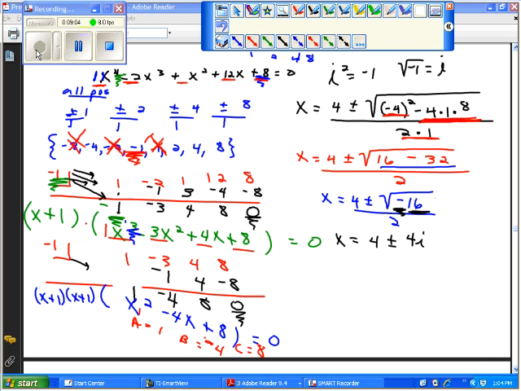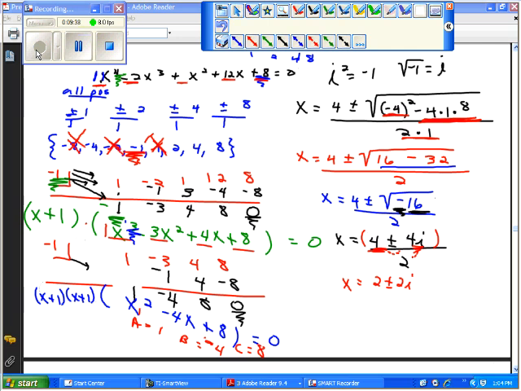Square root of negative 16 is 4i, over 2. Now, you can actually reduce because 2 goes into this and that, right? We're actually distributing division. So we can reduce that to x is equal to 2 plus or minus 2i. You can only do that if it goes evenly in both of them, right?